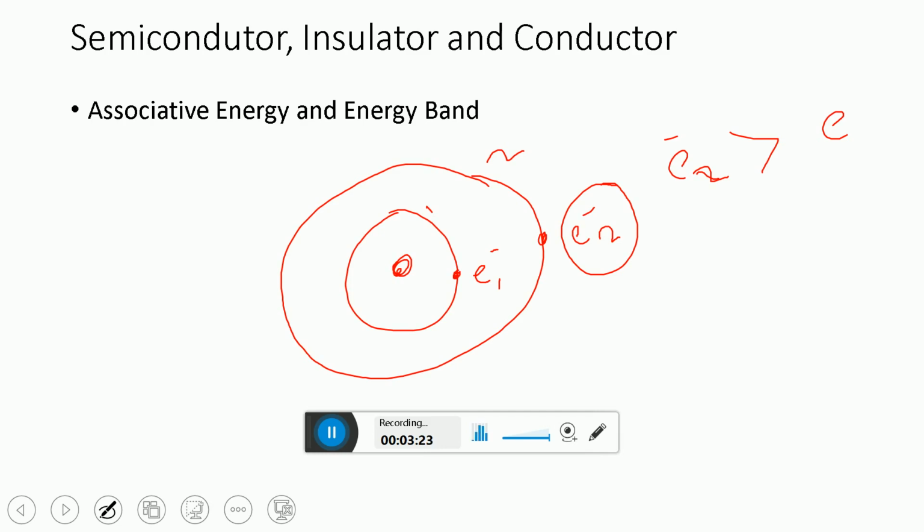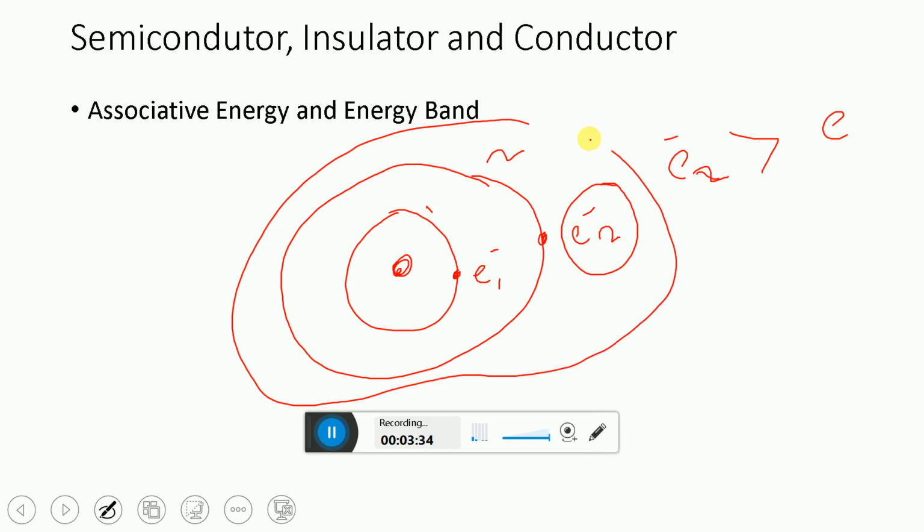The first shell electron has its energy level, and the second shell electron has its own energy level. The outermost shell is called the valence shell, and the valence shell electron has its own associative energy.